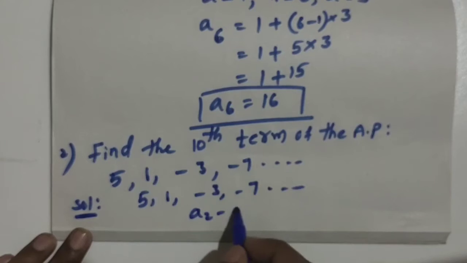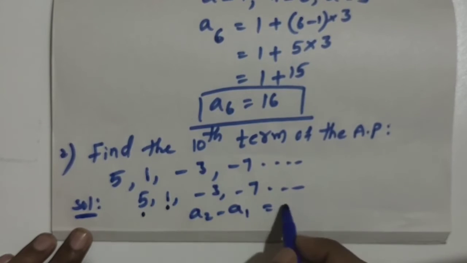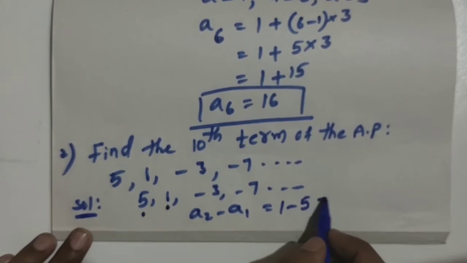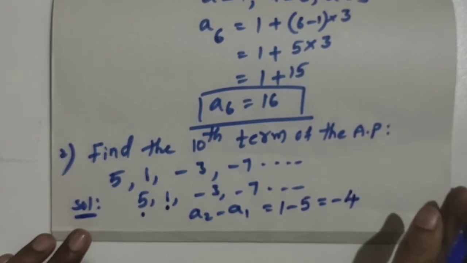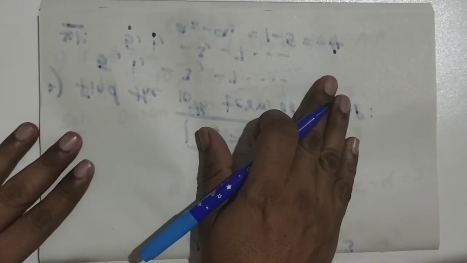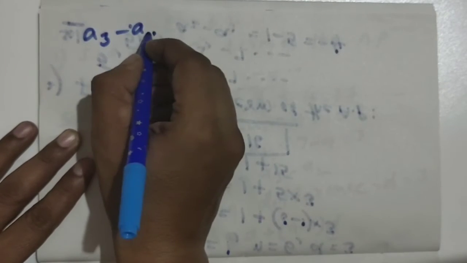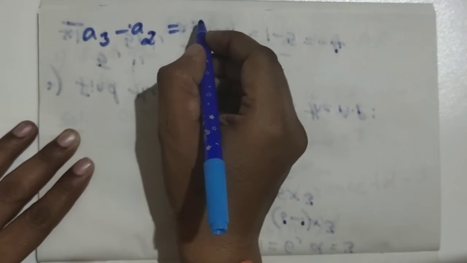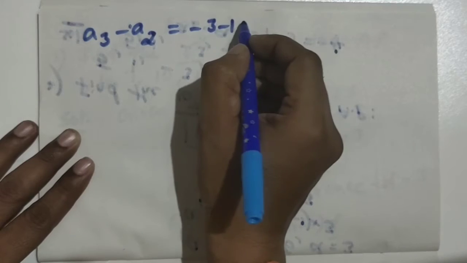So here A2 minus A1: A2 is 1, A1 is 5, that is simply 1 minus 5, we get minus 4. Then A3 minus A2, the difference between the next two consecutive terms, that is minus 3 minus 1.